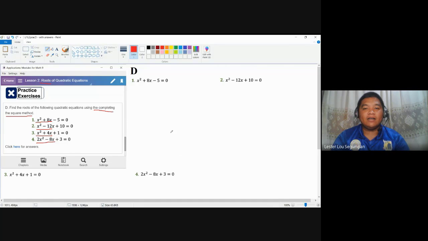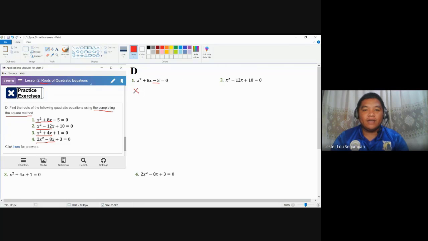And how do we do that? The first step is to consider that this constant here is what keeps the expression from being factorable. So this is the only item that we could move to the other side, by adding 5 to both sides.